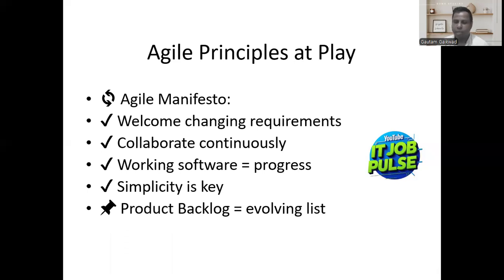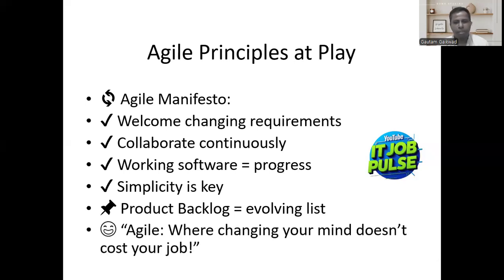Product backlog, an evolving list. It cannot be fixed. It's not that once we decide these are the features we will develop, the product backlog is done. No, it's consistently evolving. So Agile, where changing your mind doesn't cost your job. This is relevant to the project requirements.